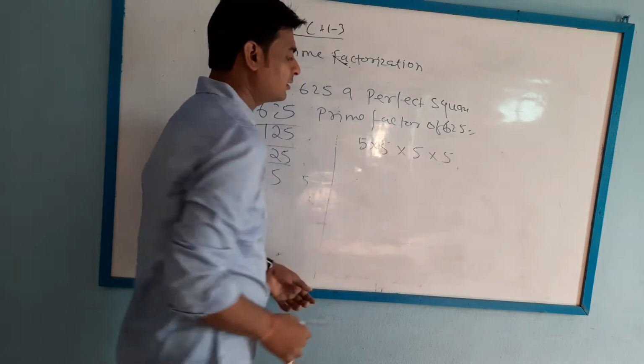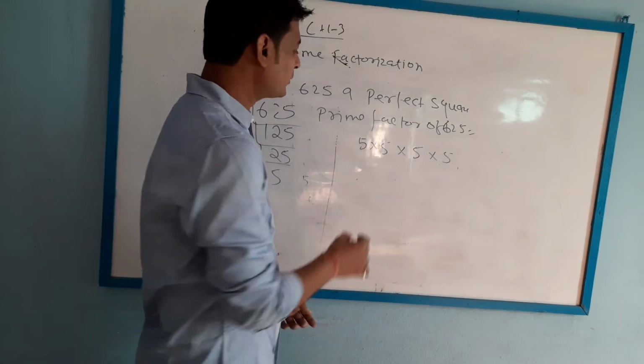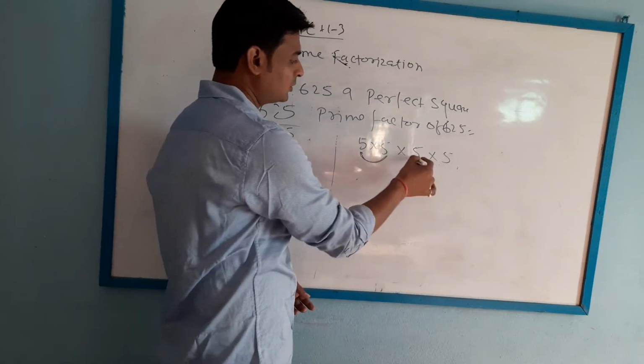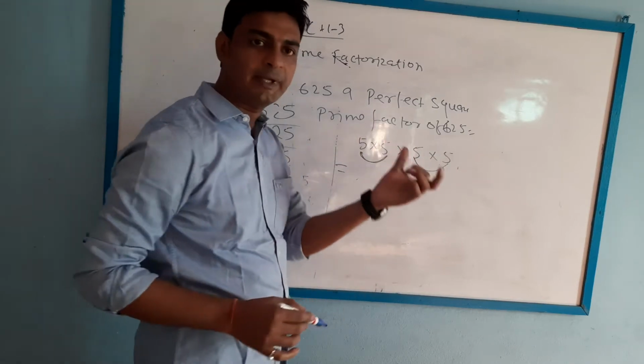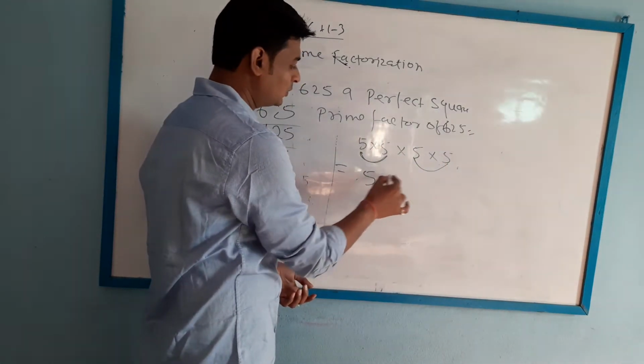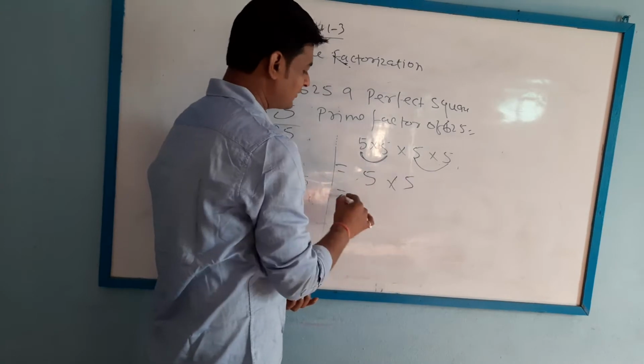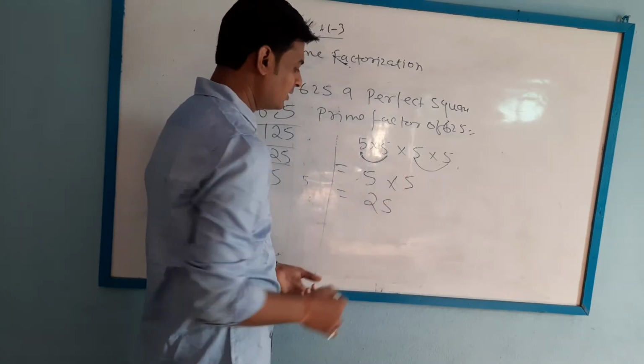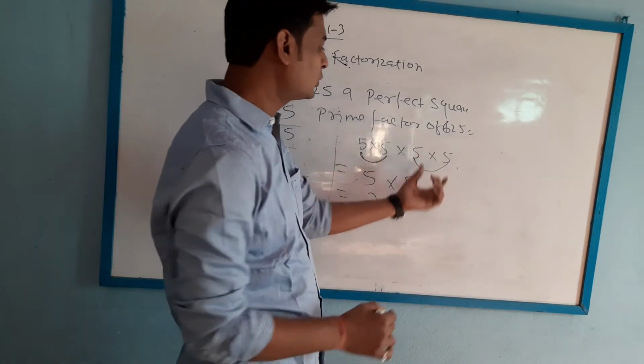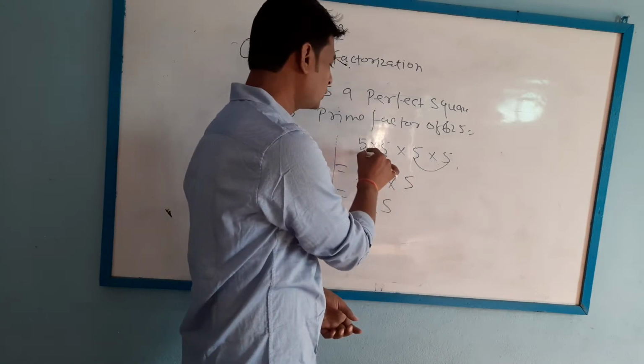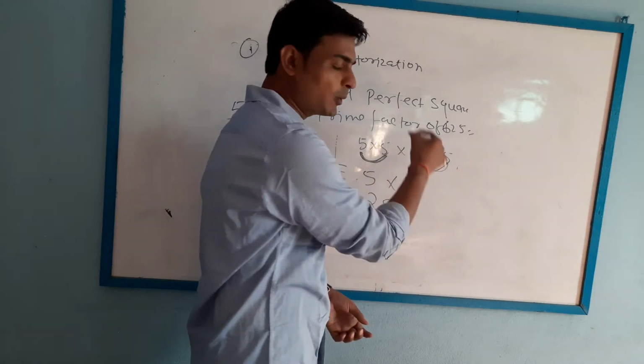Here we are getting four 5s. So we have to make pairs, 1 pair, 2 pairs. From 1 pair it will come 5 into 5, so 5 fives are 25. Here all the factors are in groups of two numbers. Here is also a group of two numbers.